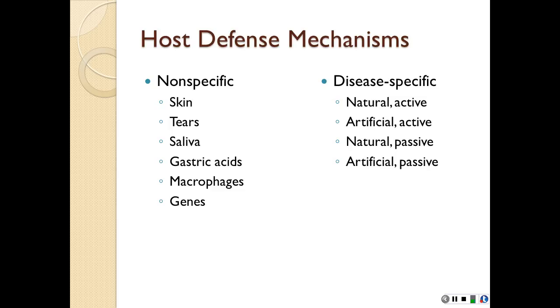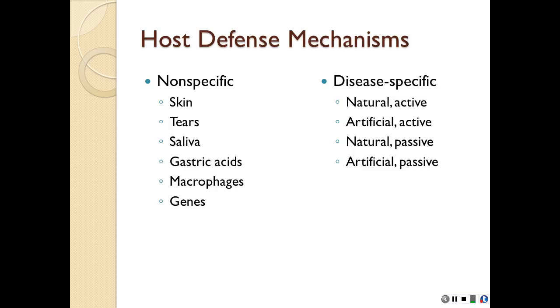You have tears in your eyes to flush out things so you don't get things entering through your eyes. Saliva, gastric acids, macrophages, all of these are non-specific. They're not designed to target one specific disease or organism. They are just general things that your body has to try to keep you well.